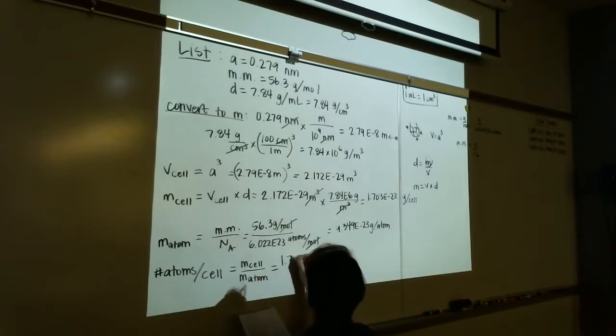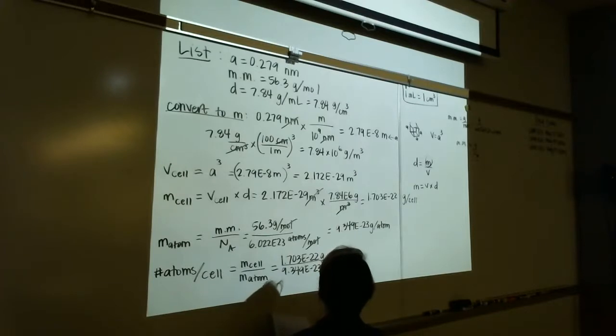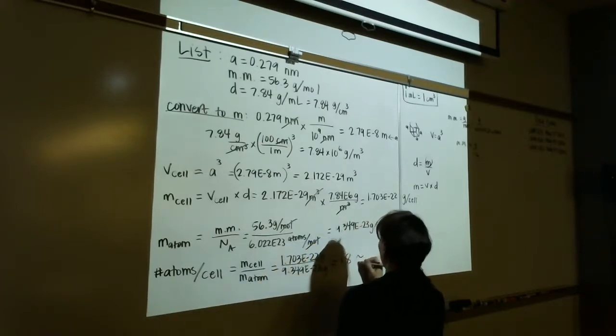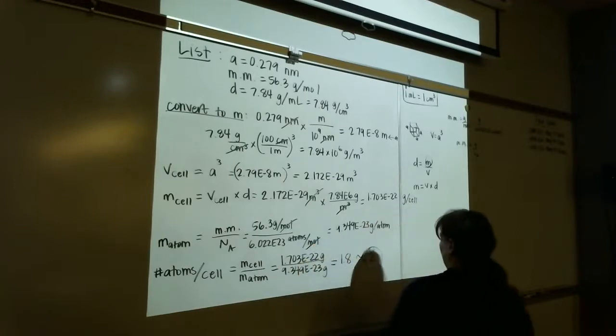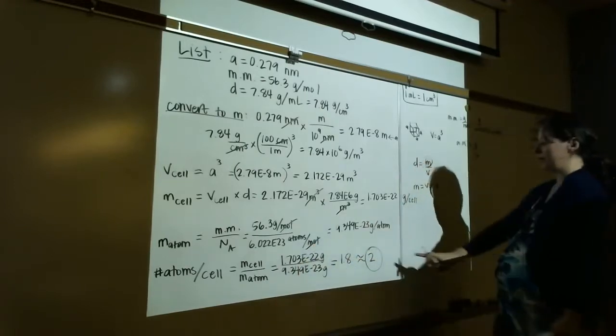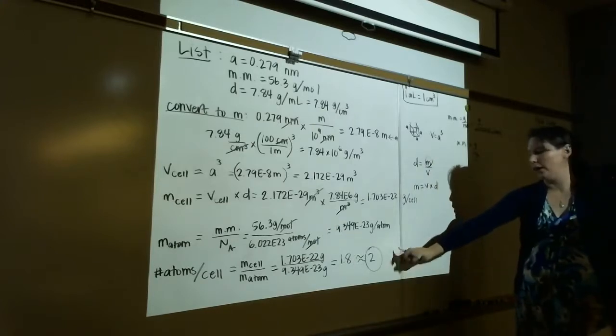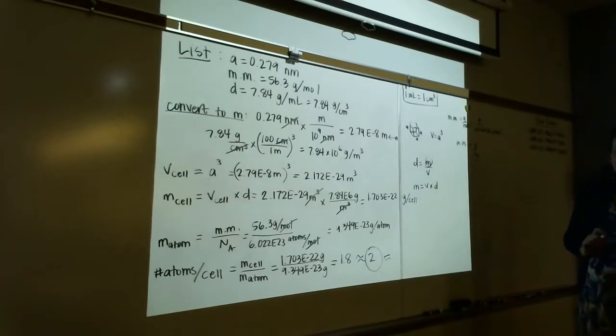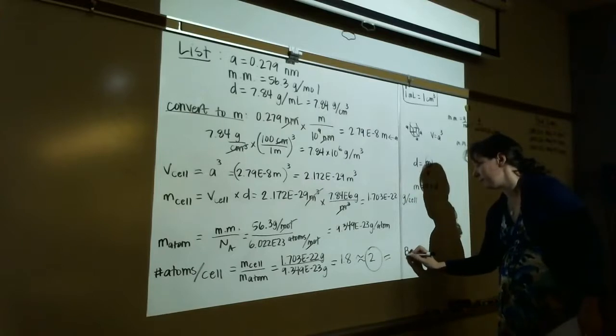So that's 1.703 times 10 to the negative 22nd grams per 9.349 times 10 to the negative 23rd grams. That comes out to be 1.8, which rounds to 2. So if there are 2 atoms in my cell, which cell type is this? This will be body-centered cubic, right? BCC.